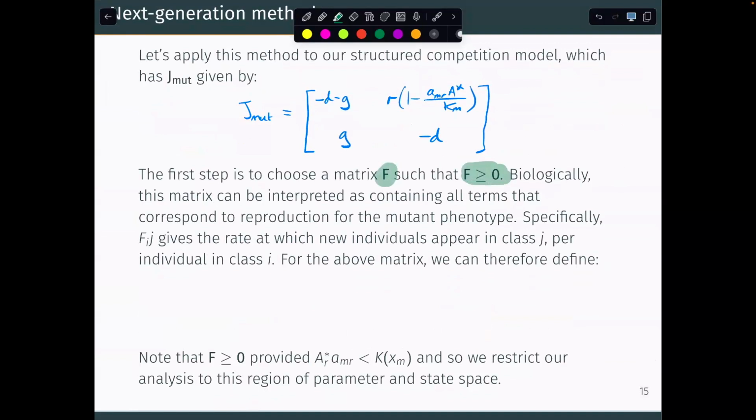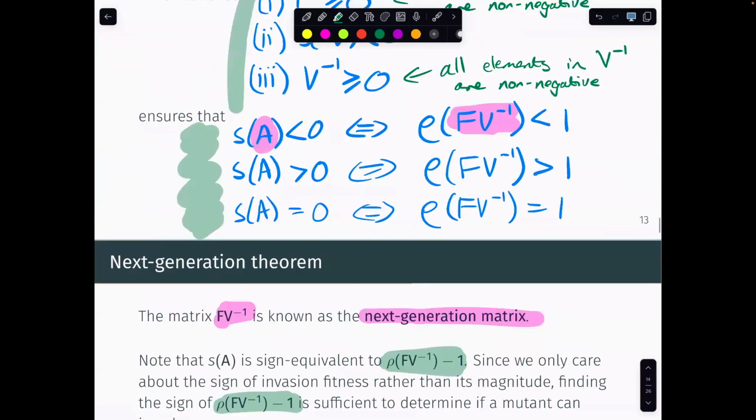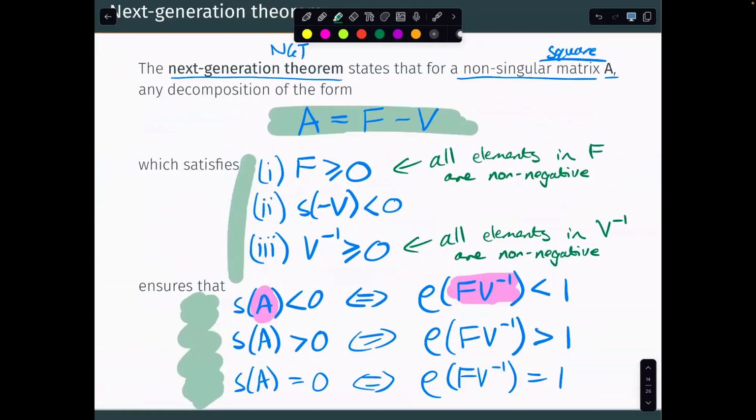Now, one of the reasons this is used in biological contexts very often is because when you choose these matrices in a biologically meaningful way, these conditions up here, 1, 2, and 3, are automatically satisfied.